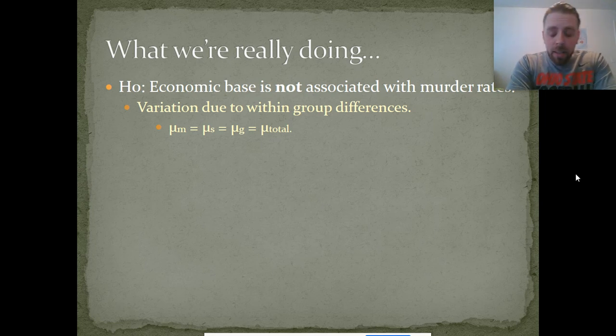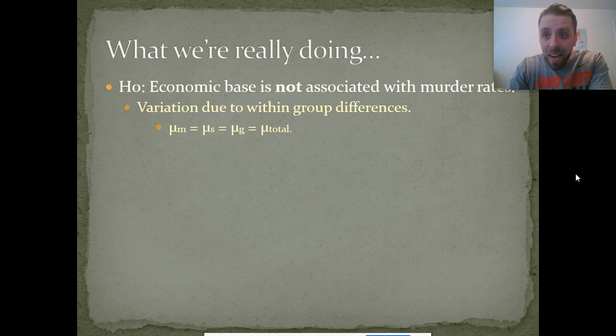Expressed mathematically, I might say that mu of manufacturing equals mu of service sector equals mu of government equals mu of total, where mu total refers to the grand mean. That's the null. If that were the case, then the grouping variable does not matter. And any type of variation that we observe in murder rates is just due to what's going on within the group, not between the group.